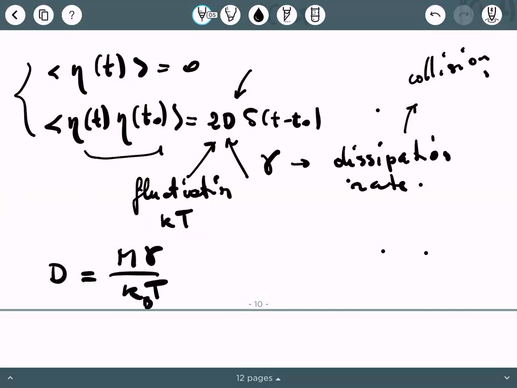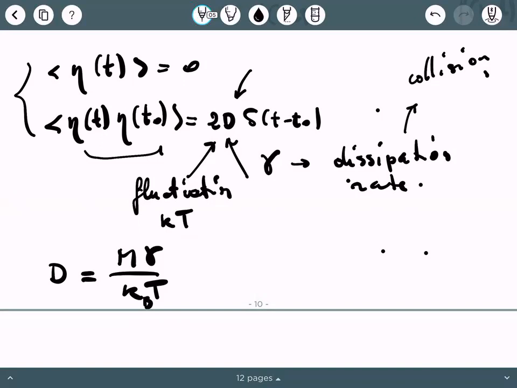Since I'm coupling my system to an environment and I'm keeping track of the energy flow because I'm doing Hamiltonian dynamics, the theory knows about the energy flows from the system to the environment and from the environment to the system. And as a result, after I do my averages, it returns to me a specific combination of fluctuation and dissipation that is the result of this very careful balance of energy outflow and inflow.